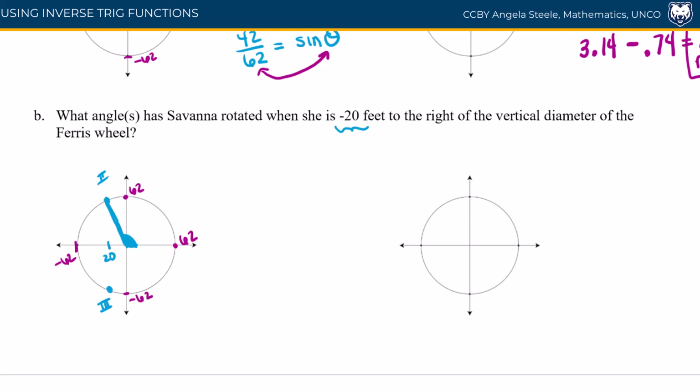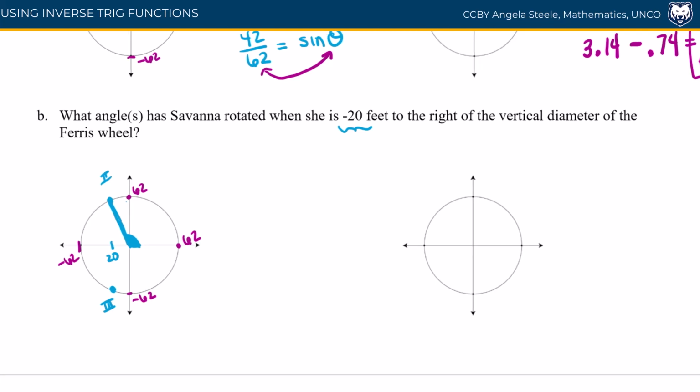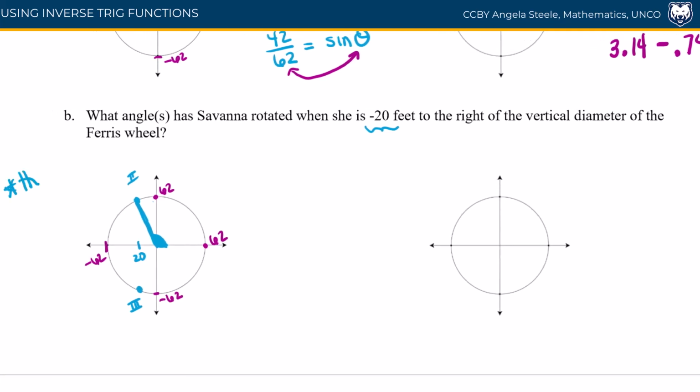Okay, one of the things that I want to highlight here is that now we are measuring horizontal distance, right? We're thinking about 20 units to the left. So horizontal distance, let's make a note of that. Which means we are now going to be using the cosine function because the cosine function measures horizontal distance.